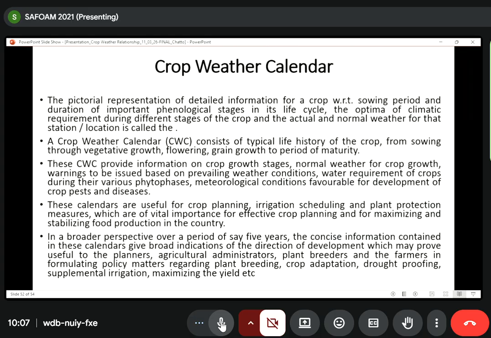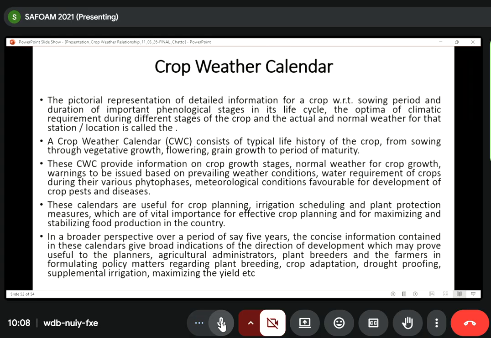What is the normal weather? What would be the water requirement of the crop? And what is the anomalous weather? What we have seen is that this calendar is very useful for crop planning and irrigation scheduling, because at every stage we get the water requirement of the crop, and it is very effective for crop planning and stabilizing food production.